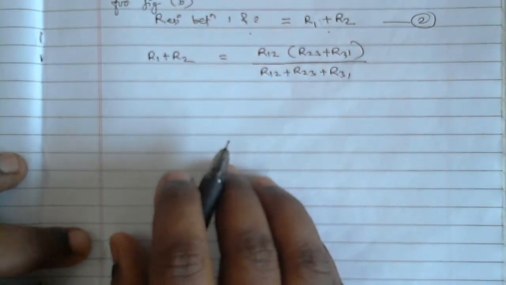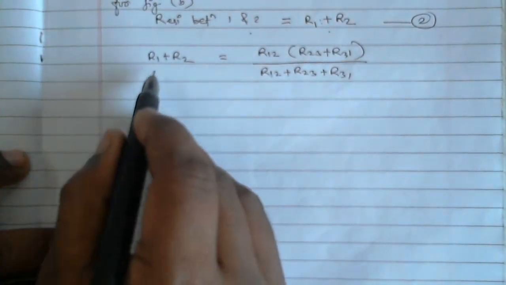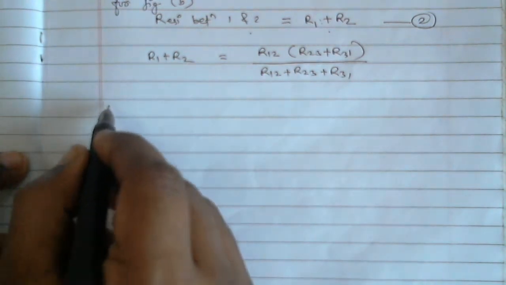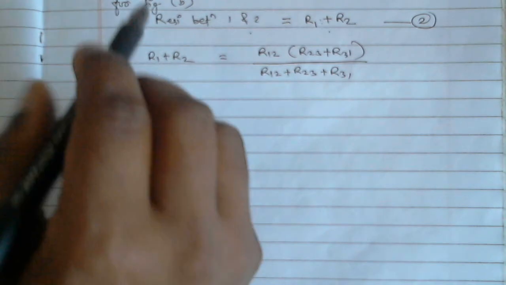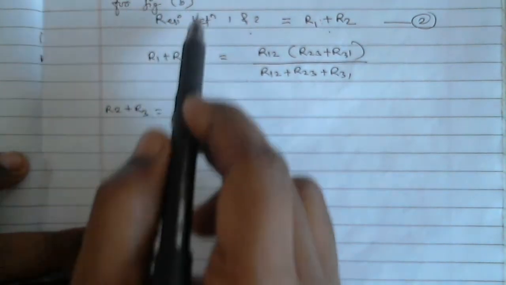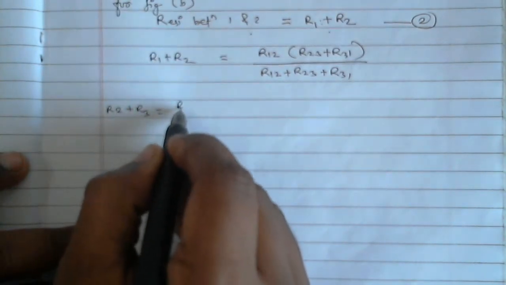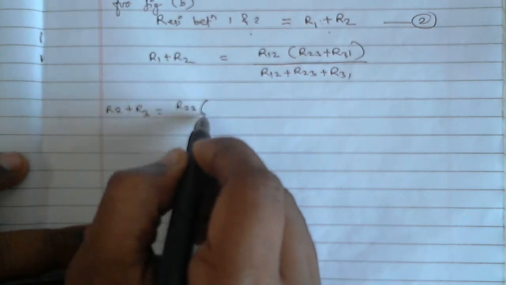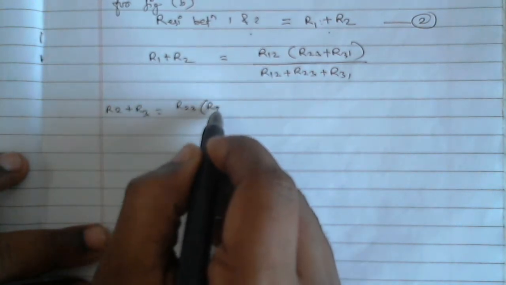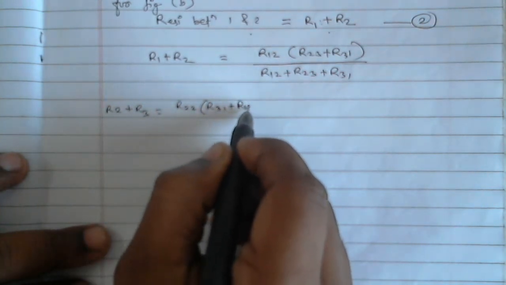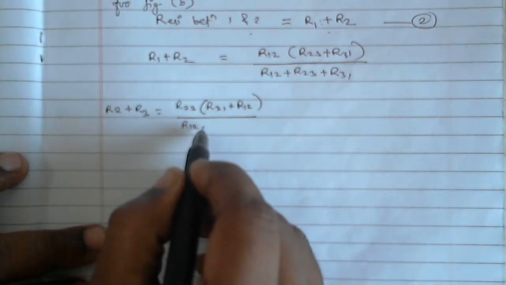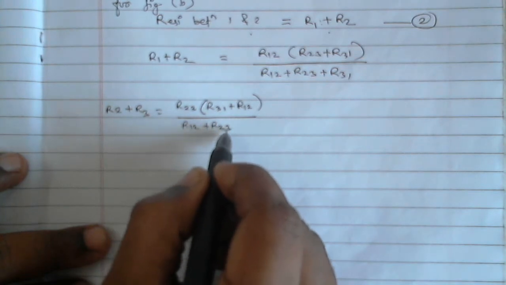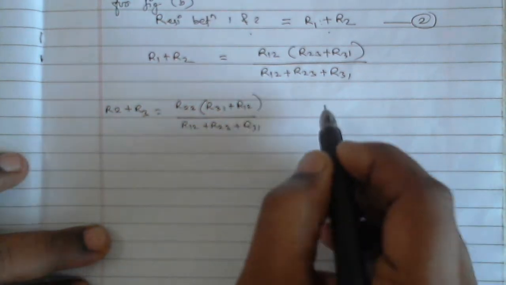Now this I have written for R1 plus R2. Similarly, you can find out for R2 plus R3, that you can easily find out. Same procedure, and you will get it as R23 into R31 plus R12 divided by R12 plus R23 plus R31.